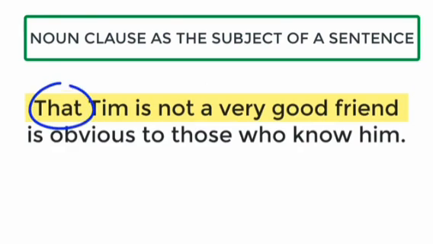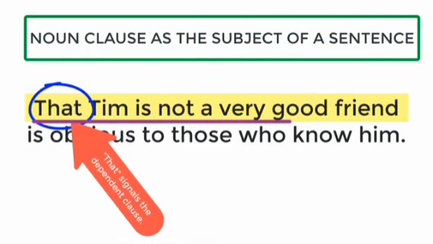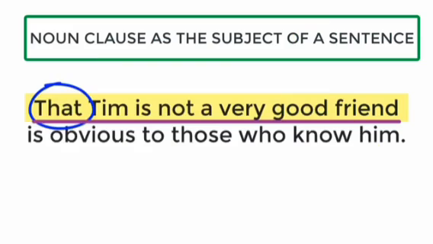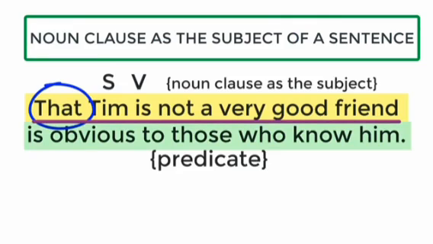That here is a signal for the dependent clause. Tim is not a very good friend: Tim is the subject, the verb is, and the noun clause is here, not a very good friend.